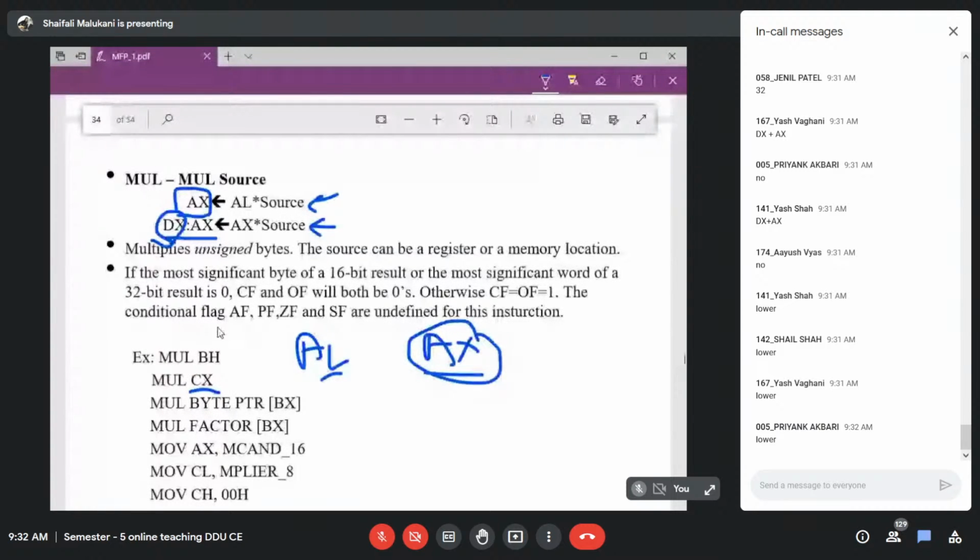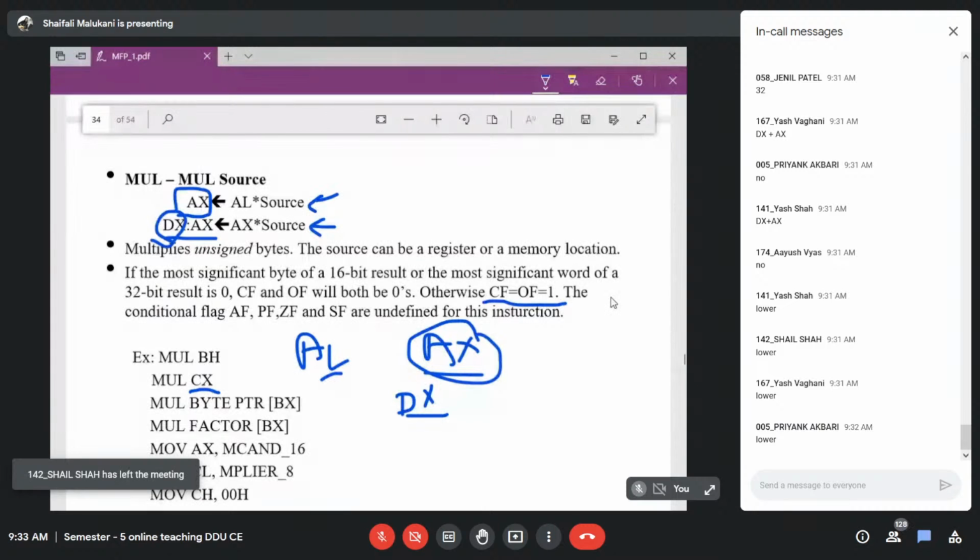Then your carry flag and overflow flag will be one together. Suppose I perform some operation and my result is 16-bit, if the result goes in DX, if my DX is updated because of the MUL instruction, then CF and OF together will be 1.